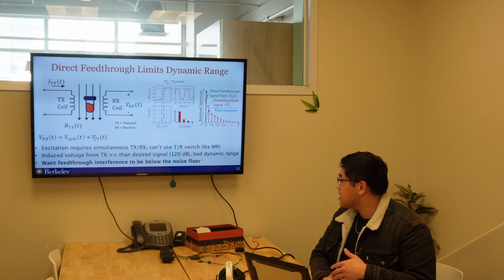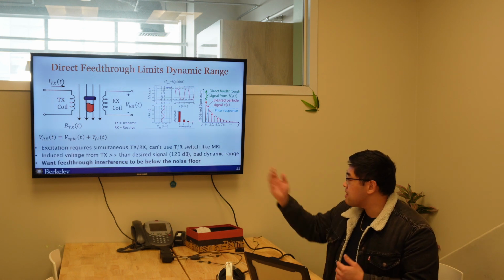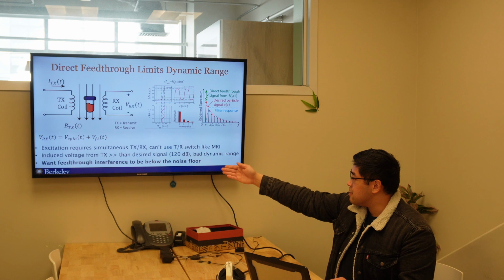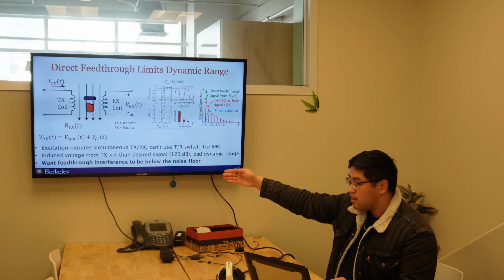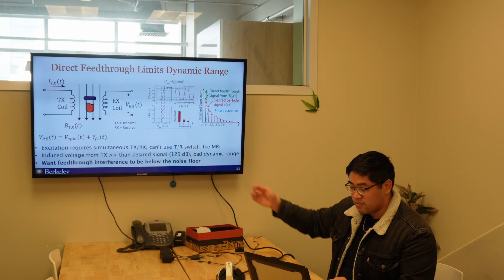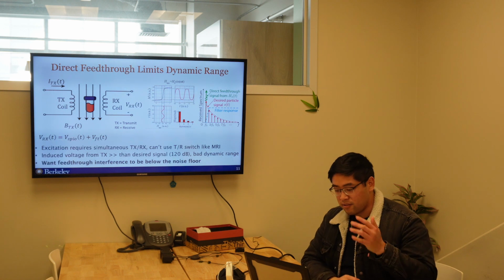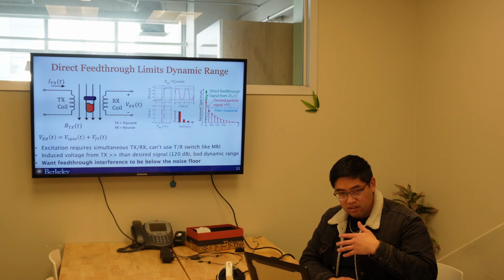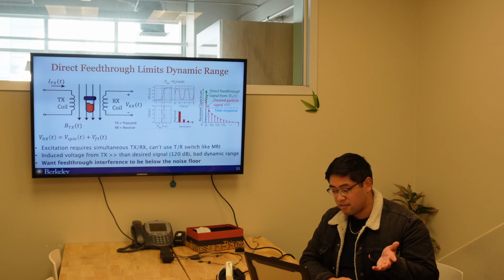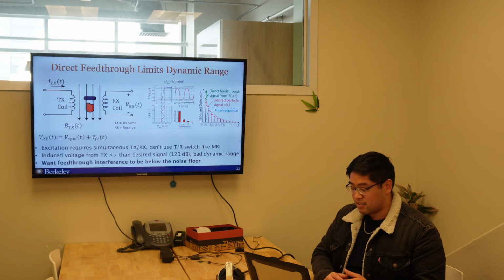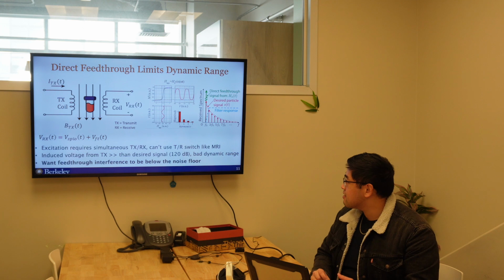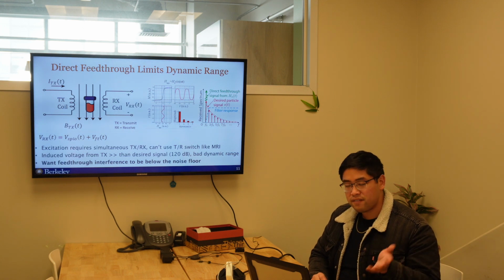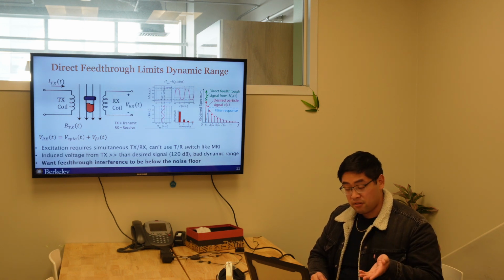So we're seeing a mix of both the particle signal V_SPIO plus V_FT, our feed-through signal. And this induced voltage from the feed-through signal is orders of magnitude larger than our desired signal, which ruins our dynamic range. So ideally, we'd like this interference to be at or below the noise floor.